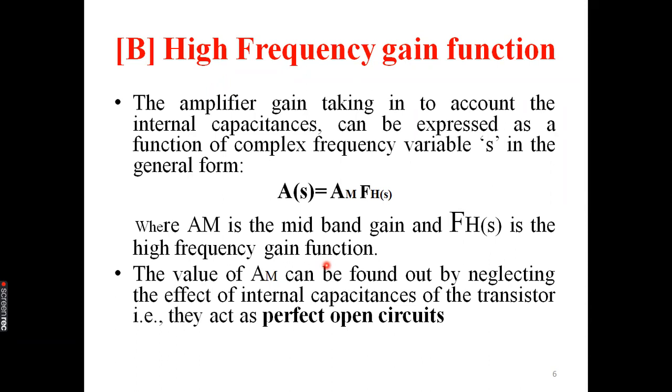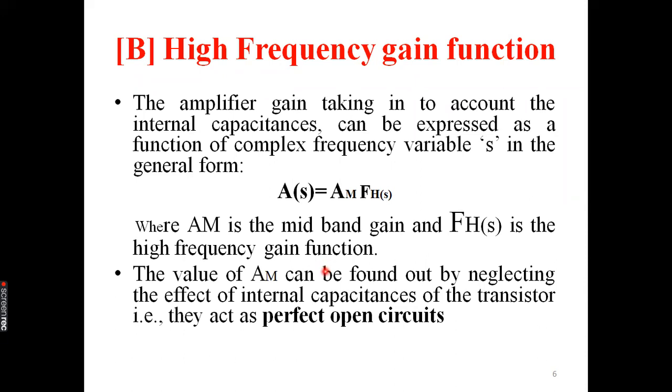But after considering the effect of those internal capacitances, we have some charge storage phenomenon taking place inside the circuit, because of which your gain is coming down, and that is nothing but your A of S. So whenever you are talking about A of S, we have to take the high frequency gain function into consideration, that is going to alter that constancy. Till then it was AM. But after a while, whenever we are taking the internal capacitances into account, we have to multiply this AM with your high frequency gain function so that we get the overall gain.